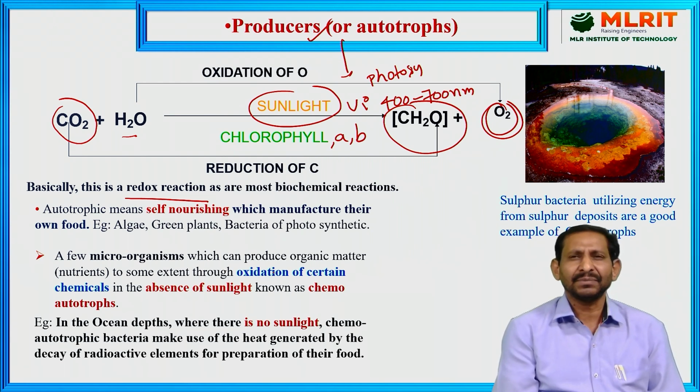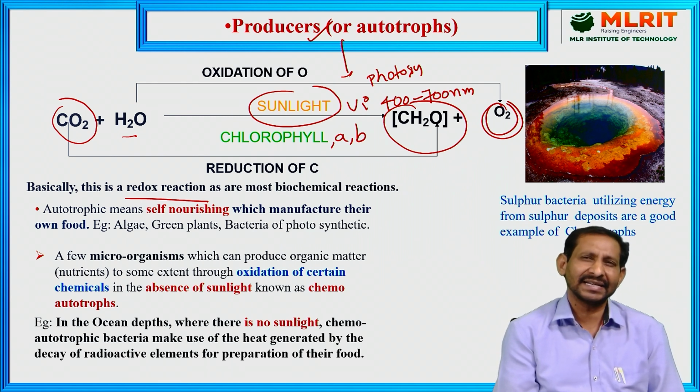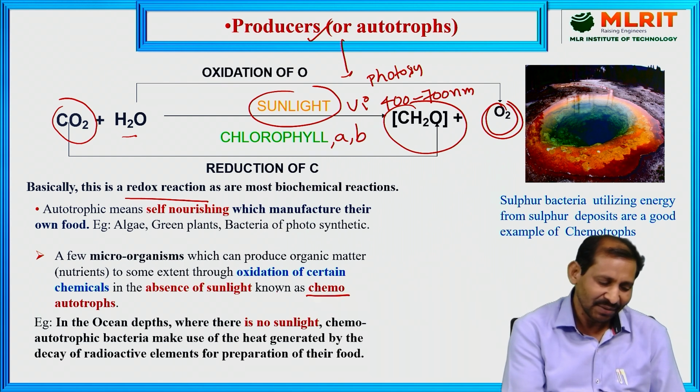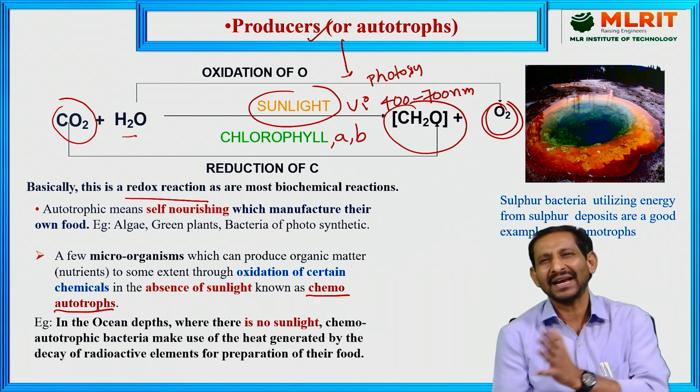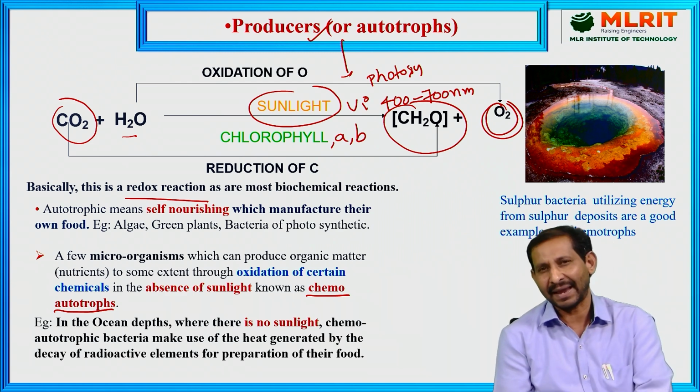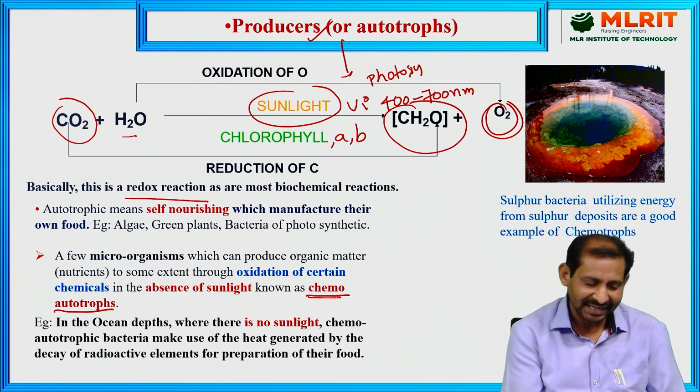In the absence of solar radiation, some microorganisms or bacteria can also produce organic matter; they are called chemoautotrophs. They utilize a heat source from the chemical decomposition or degradation of chemicals.